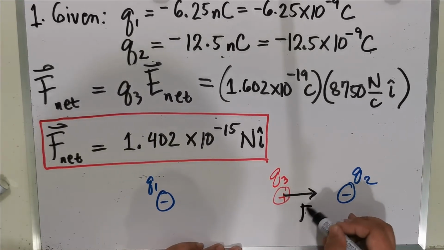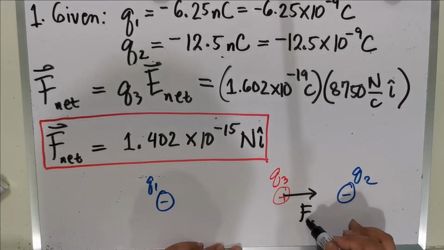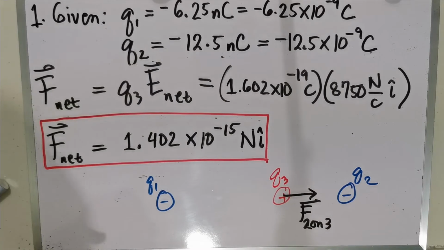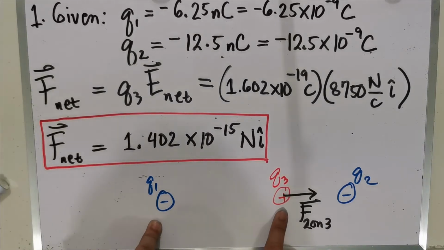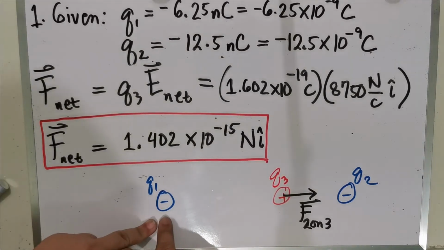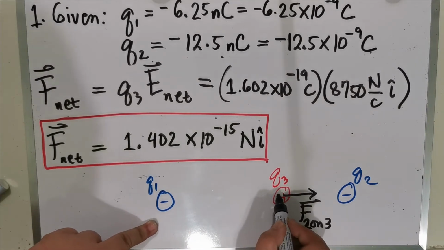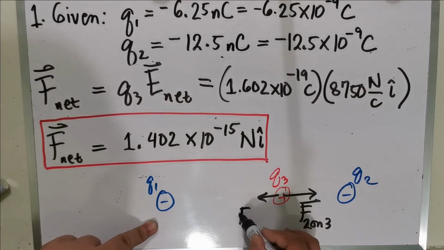This is now your F1, and this is your F2 on 3. On the other hand, Q1 and Q3 also have opposite charges, meaning Q3 would also be attracted to Q1, which is also in that direction. So this would be our F1 on 2.